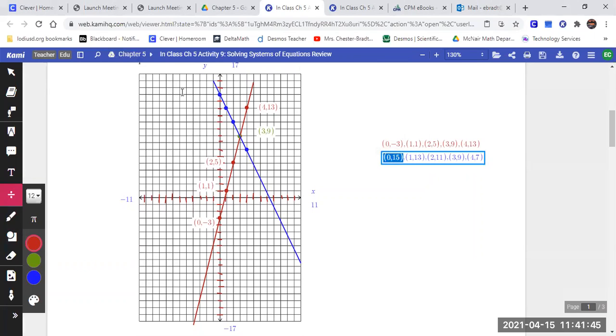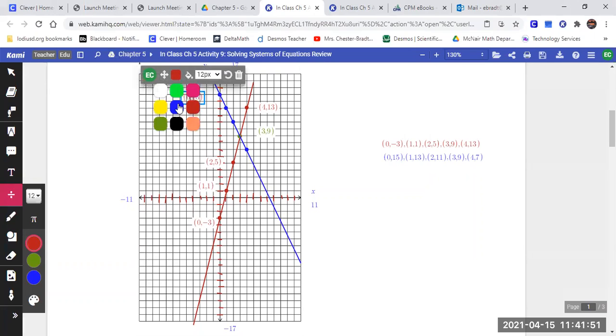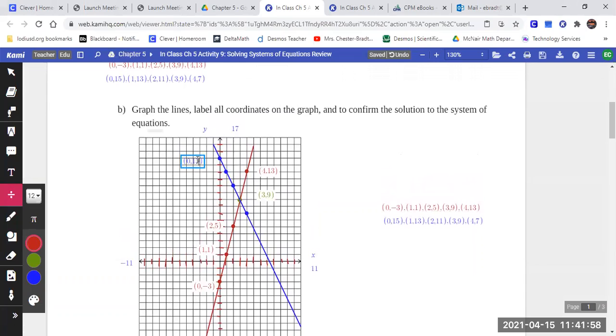Anybody not understanding the process? Oops, I forgot to change this one back to blue. Anybody having a hard time with process? That means you don't understand how to even do the work. Okay.